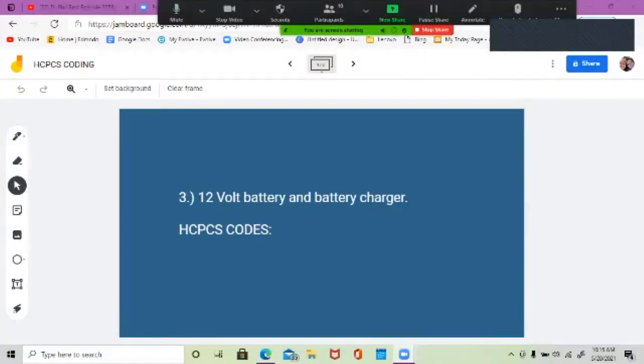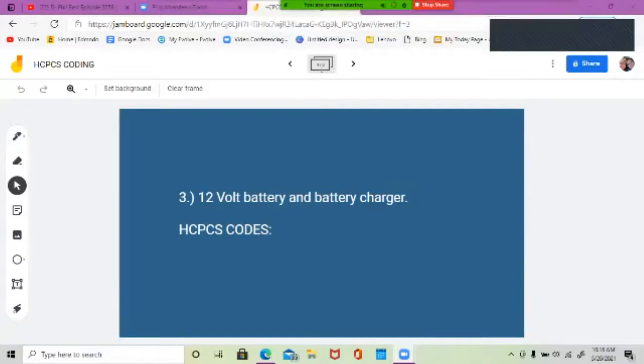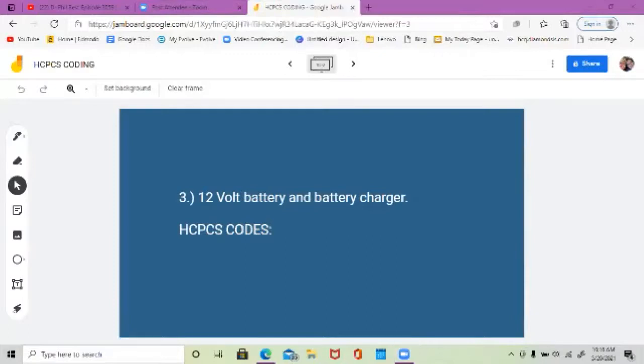Okay, got it. L7364 and L7366. So whenever we get to the correct code, both of our codes are one right below the other. Yeah, right.